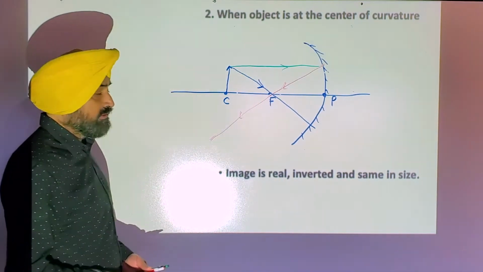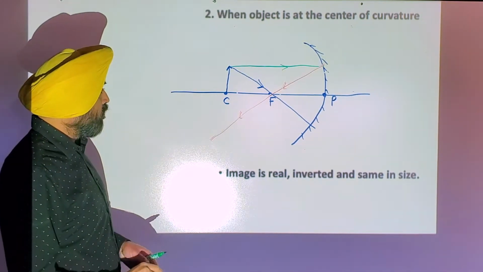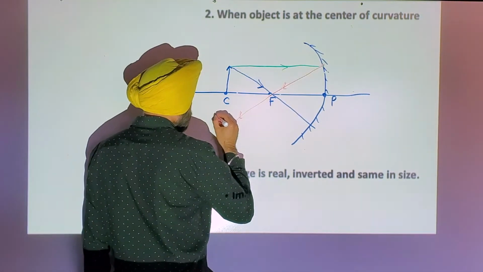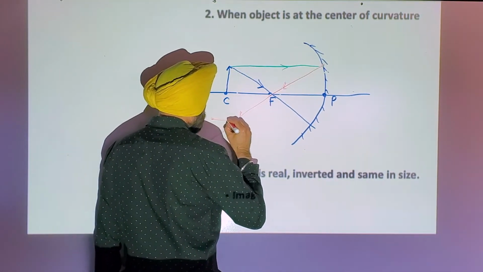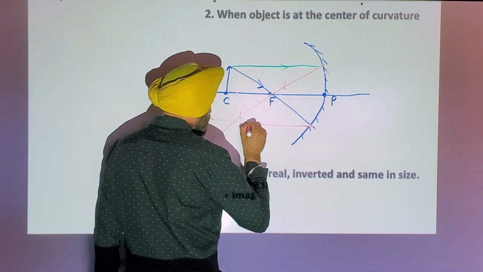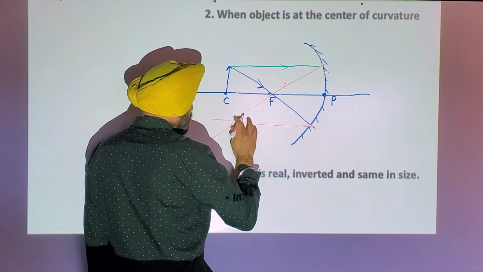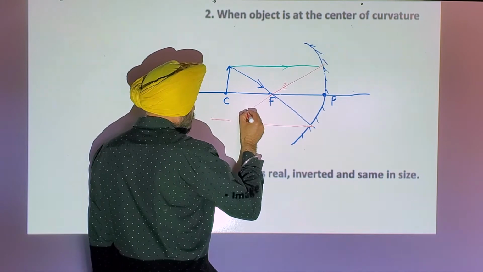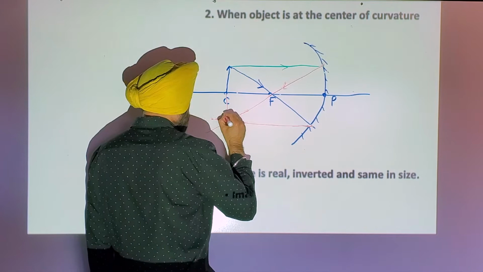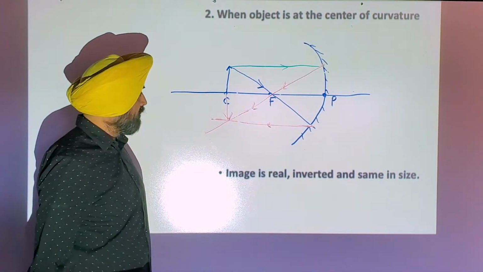And after reflection, this ray should go parallel to the principal axis. And where these two reflected rays meet, image is formed.